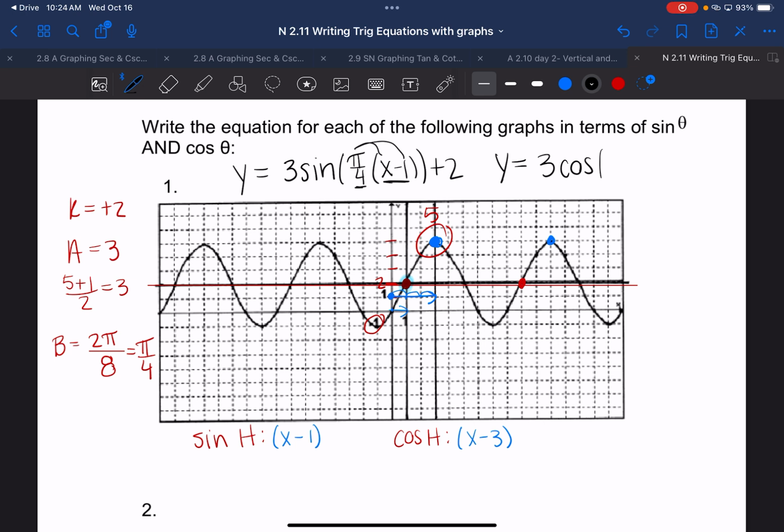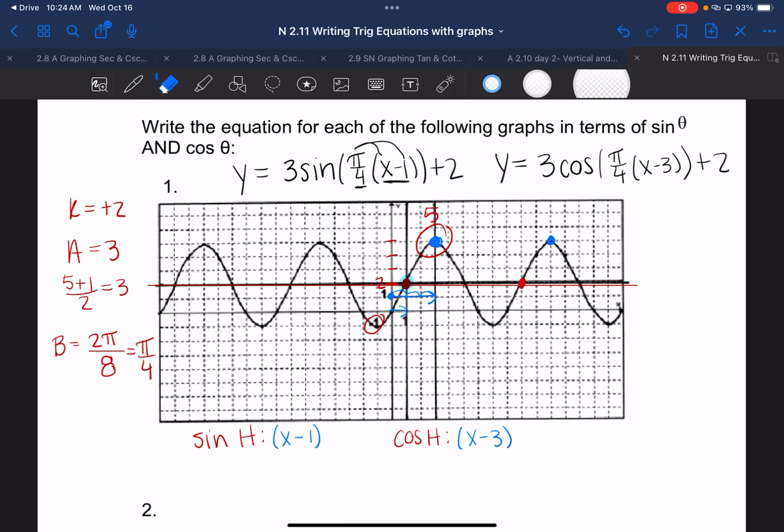What letter? B. What was our B value? Pi fourths. And then I need my parentheses for my horizontal shift. What am I going to put for cosine? X minus 3. Good. And then at the very end, I'm going to put plus 2.